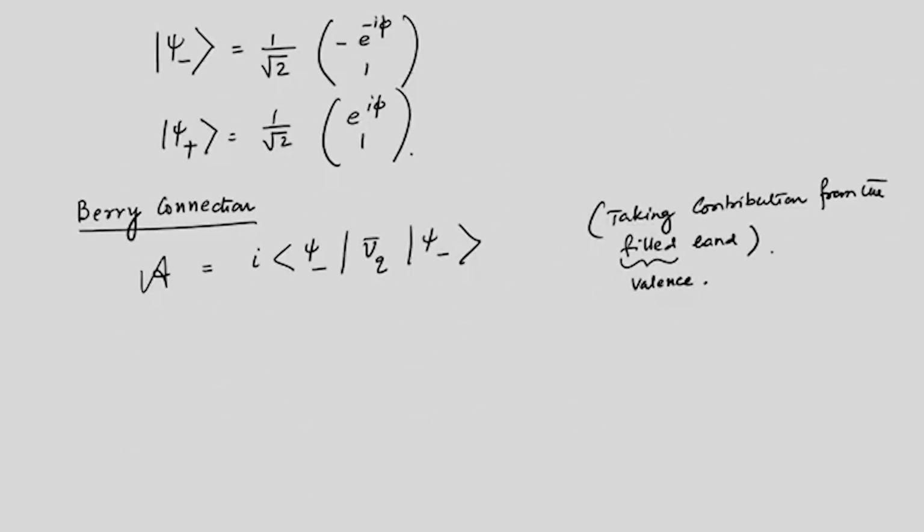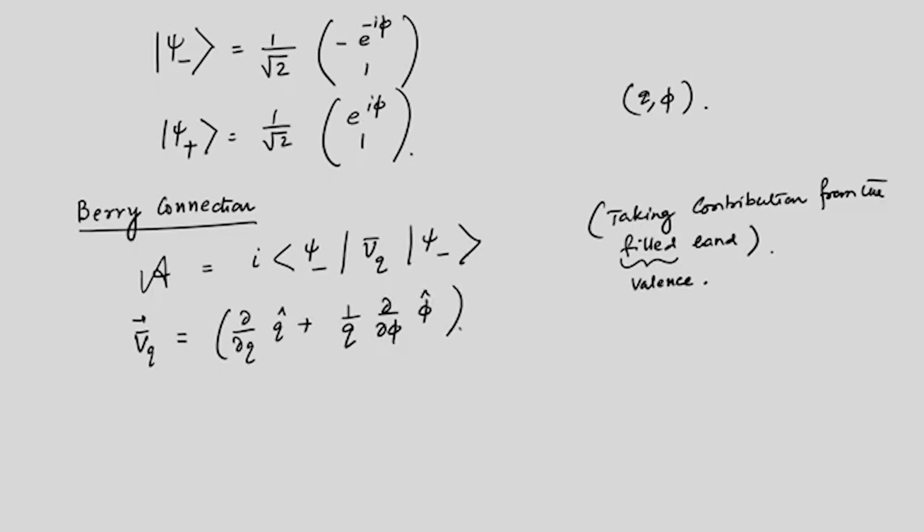Okay. So, we can calculate the Berry connection. Now, one has to remember that this is a gradient with respect to q. We have taken a cylindrical coordinate, so it is a q phi kind of space. So, this is denoted by del del q of q cap plus 1 by q del del phi of phi cap.